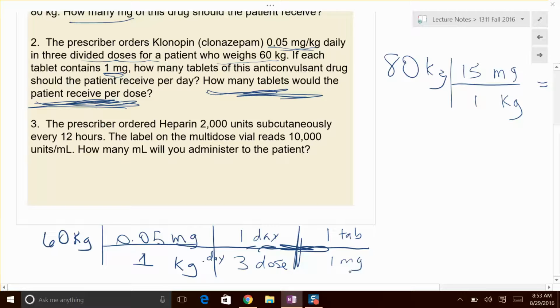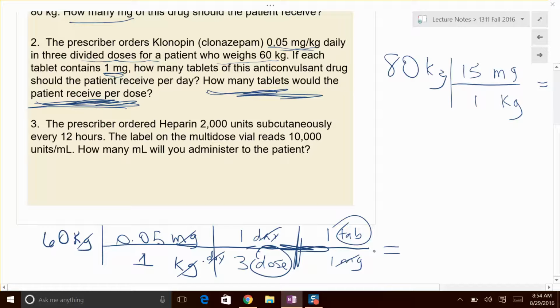So that's just a 1-to-1 conversion right there, right? Because the milligrams here will cancel and I'll be left with the number of tablets. Okay, so my units, and I'm left with tablets per dose. How many tablets per dose? That's where I want to get. Okay, so what do we get here?